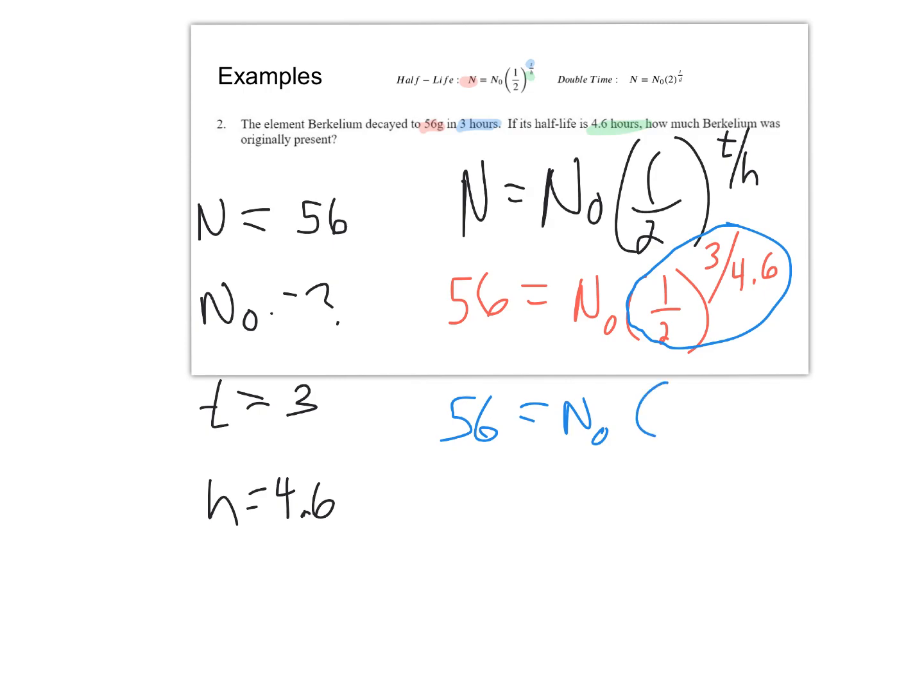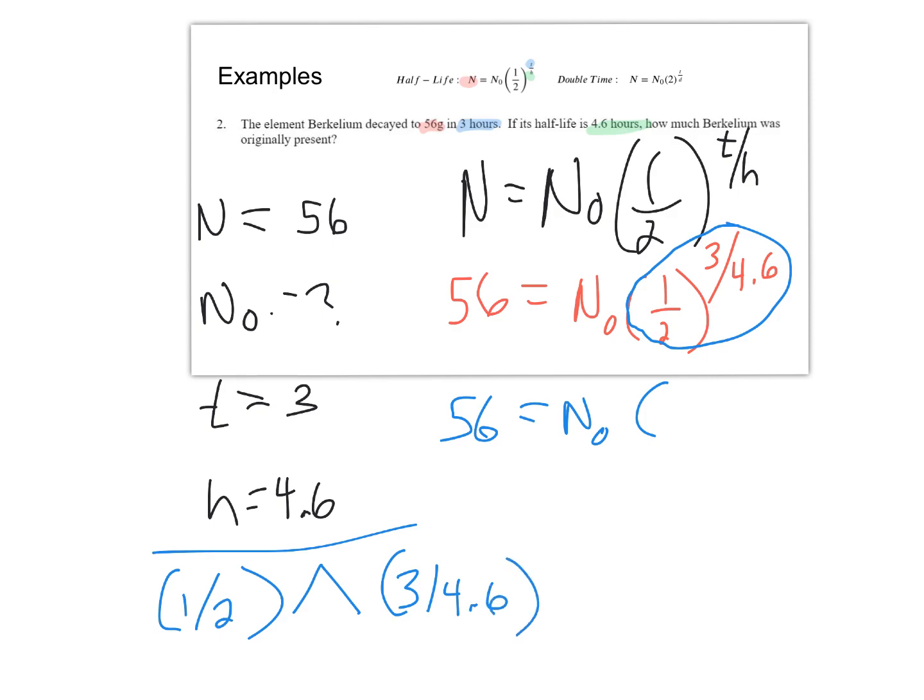On my calculator, I'm going to type this in as open a parenthesis, 1 divided by 2, close the parenthesis, raised to the, open another parenthesis, 3 divided by 4.6, close the parenthesis and hit equals. And when I do that, I get 0.6363207562.